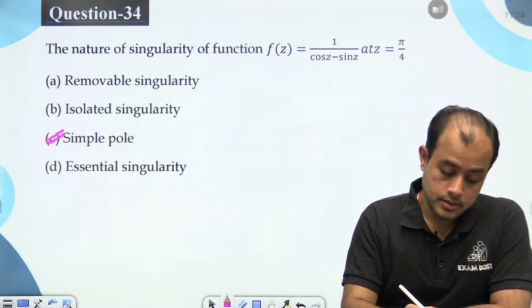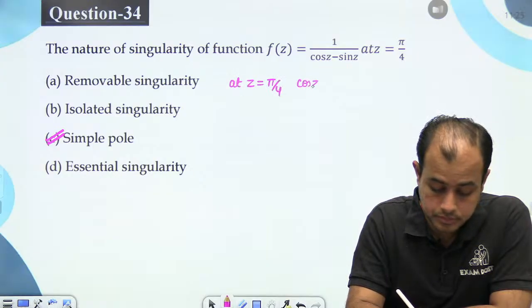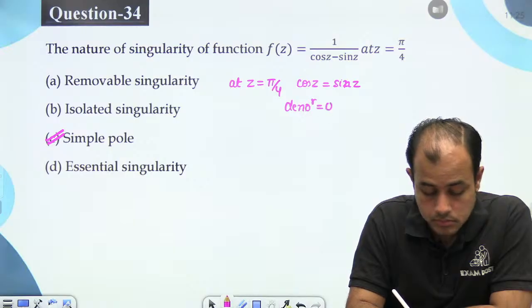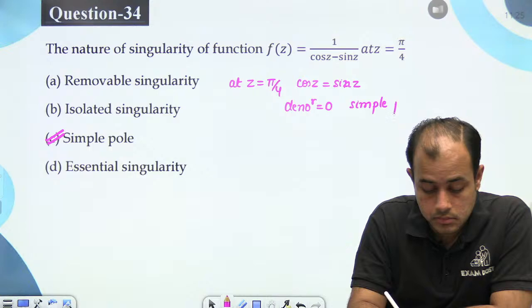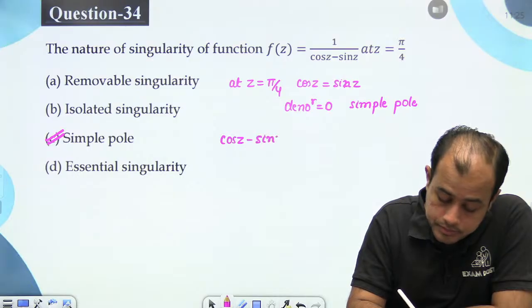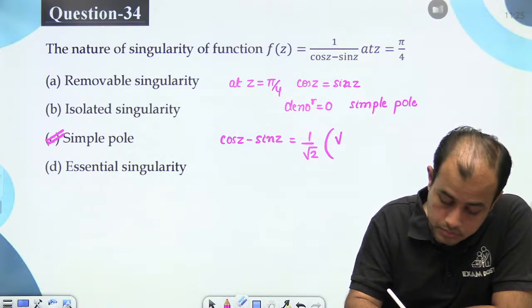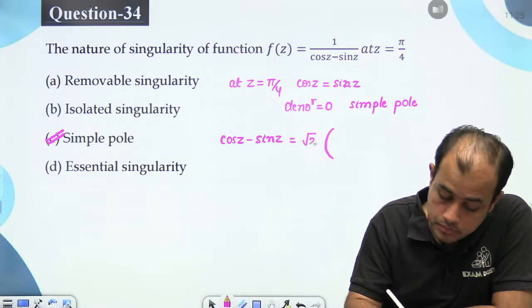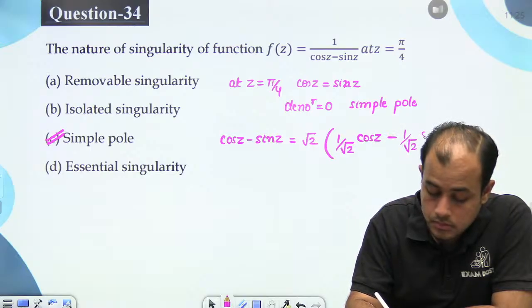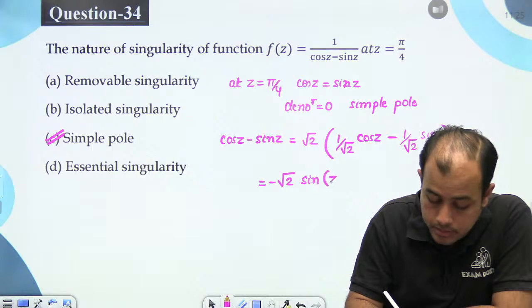Okay. So at z equal to pi by 4, now how you can think about this, let me tell you. Sin z minus pi by 4.